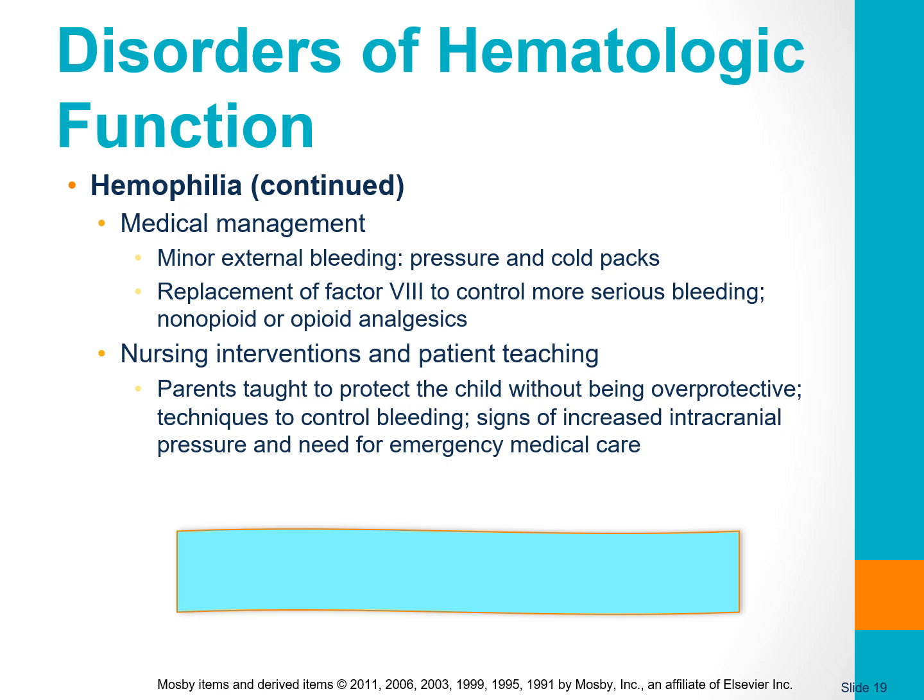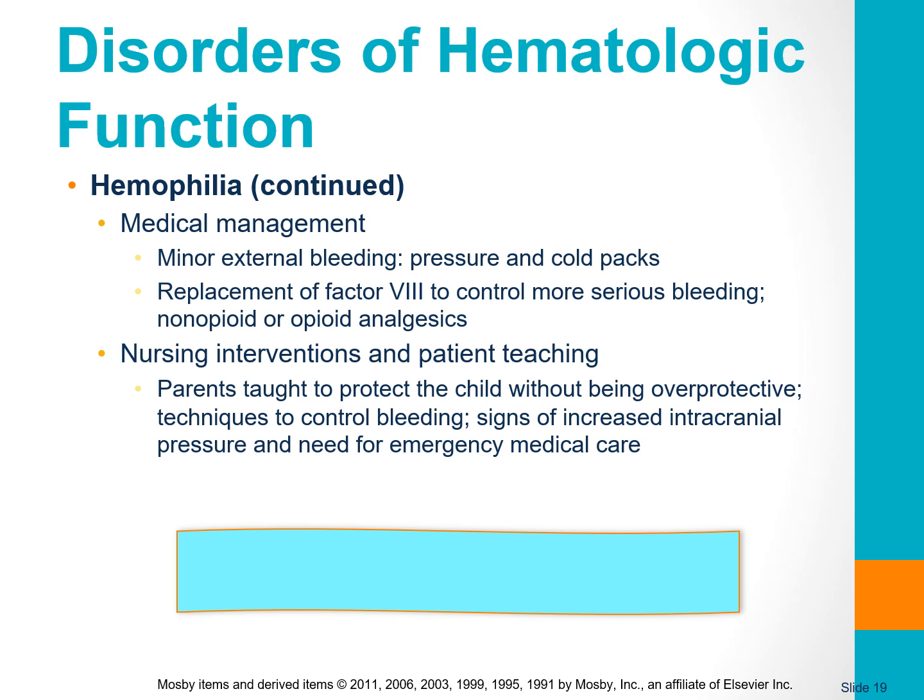What do we need to know in general as nurses here? Parents are taught to protect children without being overprotective. So essentially, when your child has a bleeding disorder, you're going to want to teach parents that it's not just a little bit of a bloody nose, that they don't have the ability to stop bleeding. So we are going to need to stop that with medication.